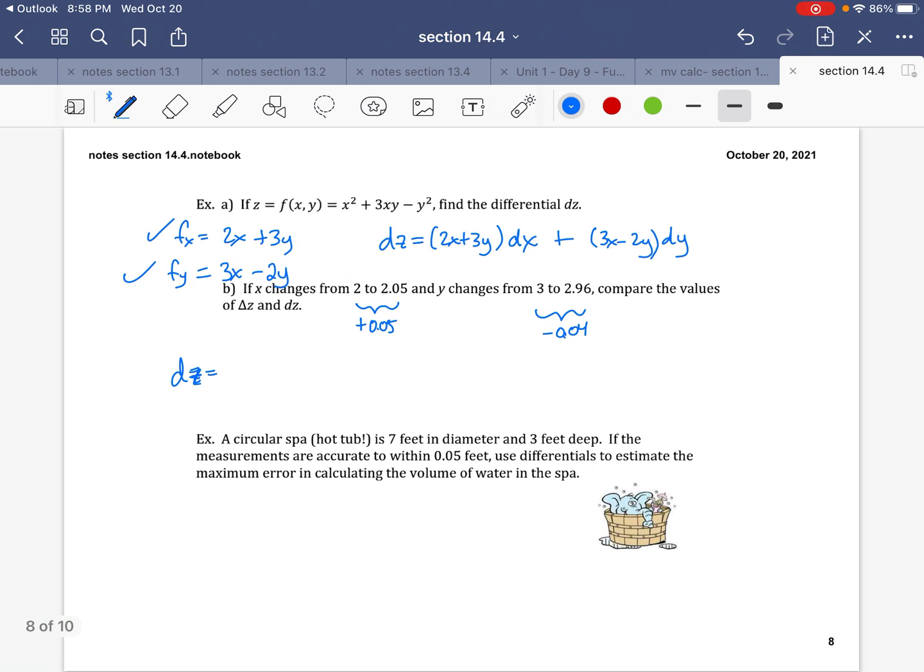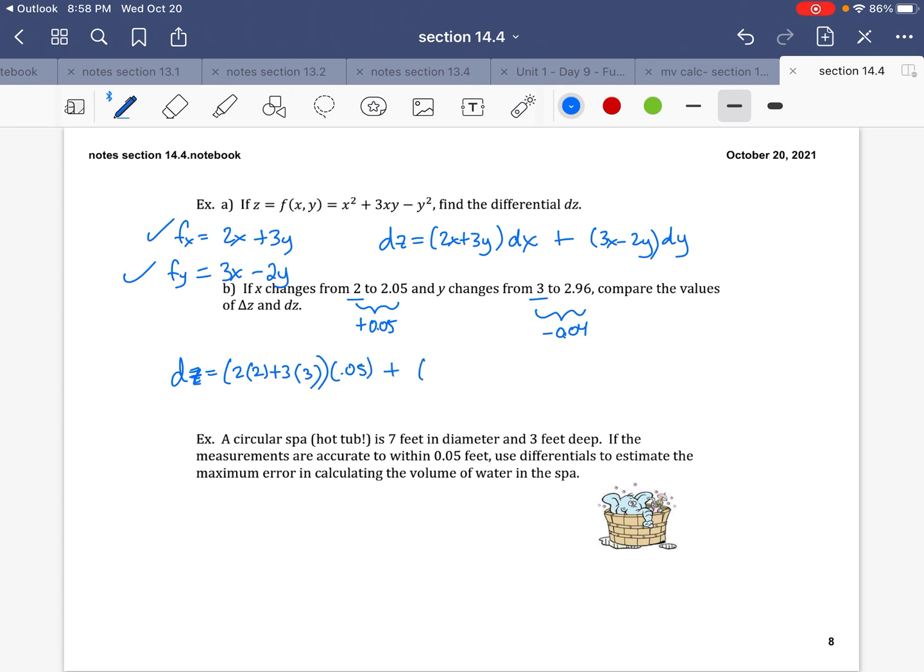Okay. All right. So 2x plus 3y. So I need 2 times my x, which is 2, plus 3 times my y, which is 3. So I'm using these numbers right here. And then my dx, my change in x, is 2 to 2.05, so it's 0.05.